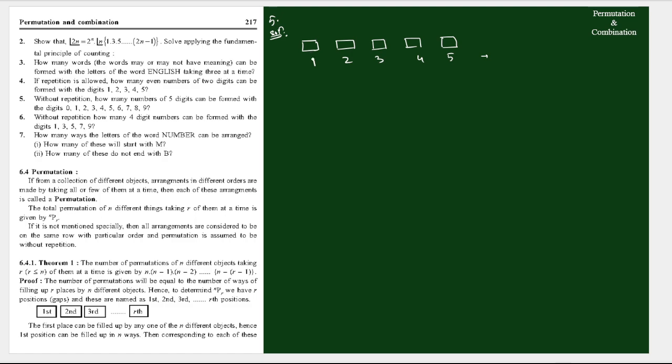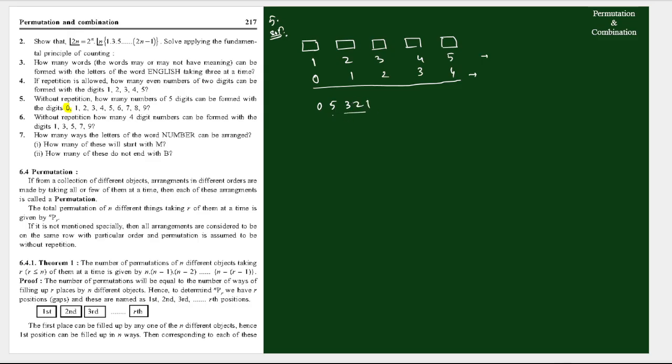So the first place, now can it start from 0? Since we also have the digit 0 here, it could be say 0, the second place is taken by 1, third place is 2, this is 3, this is 4. Is this a 5-digit number? 0 1 2 3 4, or 0 5 3 2 1.